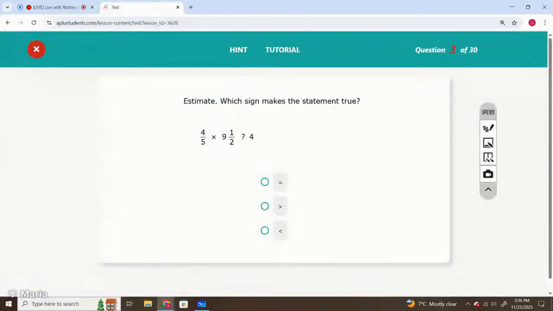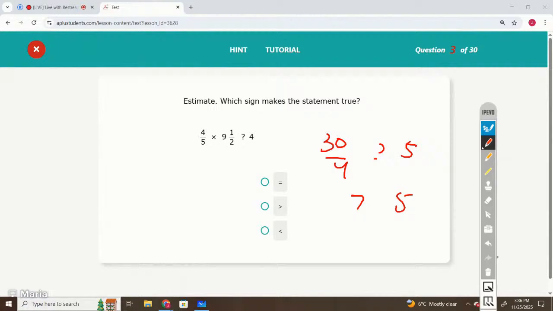By 5 times 9 whole 1 by 2. 2 times 9 is 18, 18 plus 1 is 19 over 2. 4 times 5 is 20. 2 times 2 is 4.